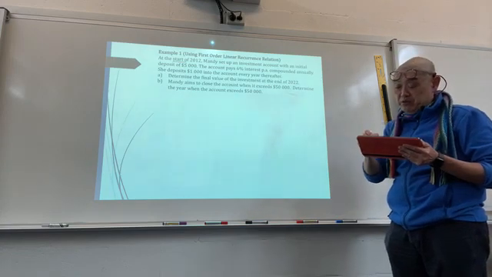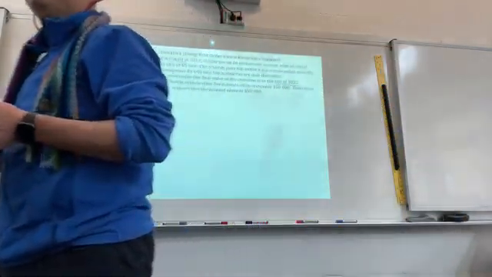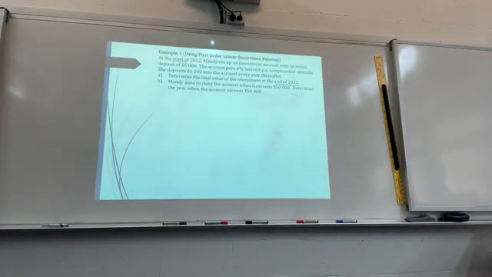Start of 2012, end of 2022. How many years are there? Got it? 11 years, not 10 years. If you're not sure, use your fingers to count: 2012, 13, 14, 15, 16, 17, 18, 19, 20, 21, and 22. Use your fingers.